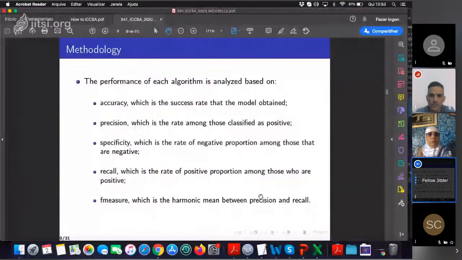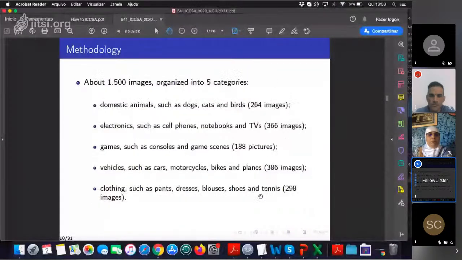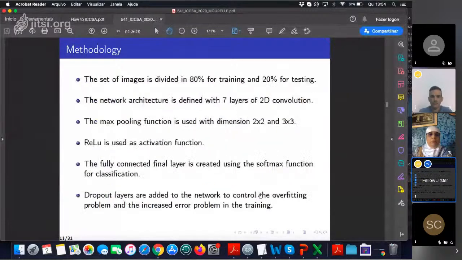About 1,500 images were organized into 5 categories. So we have domestic animals, electronics, games, vehicles, and clothing. The set of images is divided into 80% for training and 20% for testing. The network architecture is defined with 7 layers of 2D convolution.